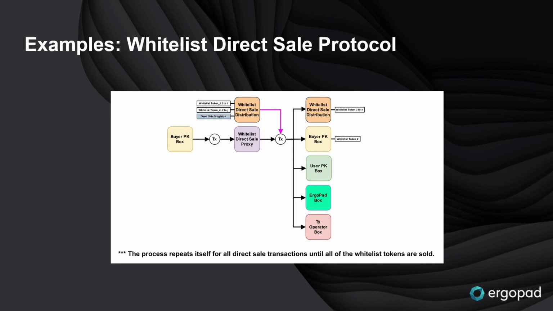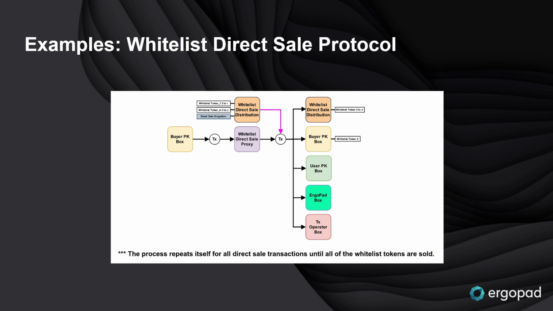Then we use the direct sale distribution box as an input. It's a self-recreated box in this context because we recreate it as an output with the same contract, but what data has changed? We have given a whitelist token to the buyer, and so we reduce the amount of whitelist tokens in the direct sale box by 1.